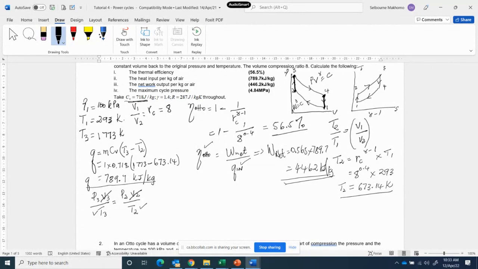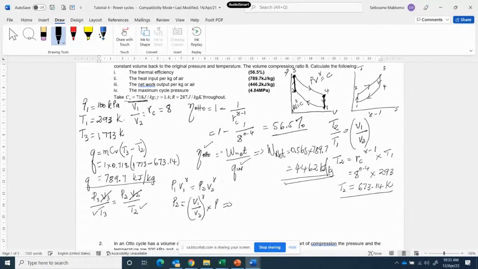We must go back to 1 again, where P1 V1 to the power gamma is equal to P2 V2 to the power gamma. Now we have P1, we have V1, so P2 is equal to V1 over V2 to the exponent gamma multiplied by P1.